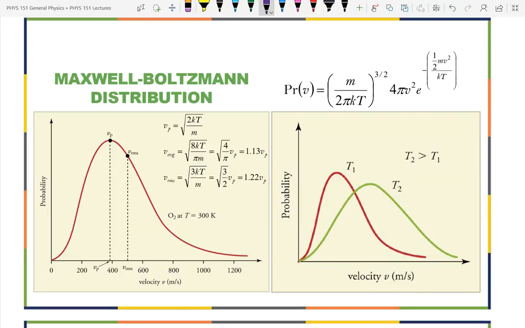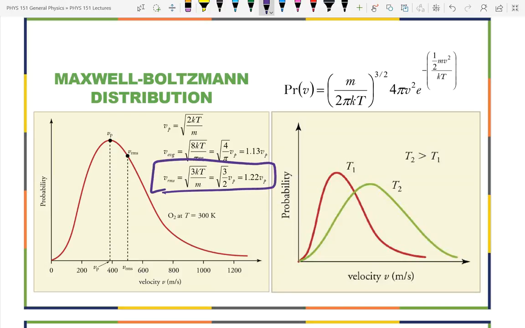So for a given mass of a molecule, the distribution will change as the temperature changes. So at a high temperature, the speeds are understandably faster. At a low temperature, the speeds are slower. And this distribution has an RMS speed that you can calculate.